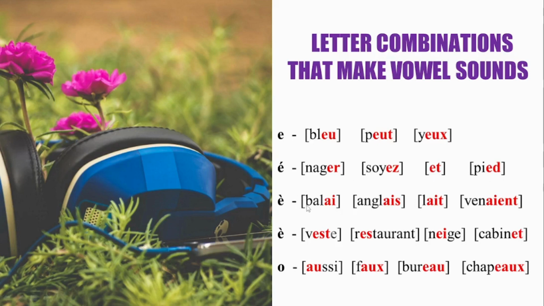For E, we have balai, anglais, lait, venait, veste, restaurant, neige, cabinet. Balai, anglais, lait, venait, veste, restaurant, neige, cabinet.